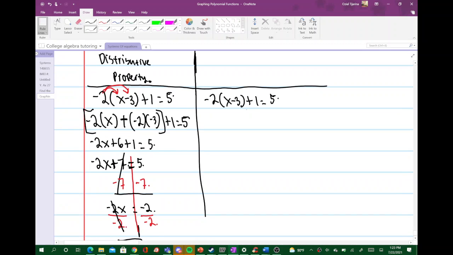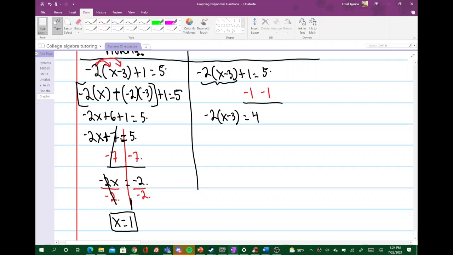So then what you do is you still subtract. Basically you're going to subtract 1 on both sides, right? And you're not really going to do anything with this part here. You're going to leave it the same. So you're going to say -2 times the quantity x minus 3 is equal to, and you have 5 minus 1, that's just 4, right?